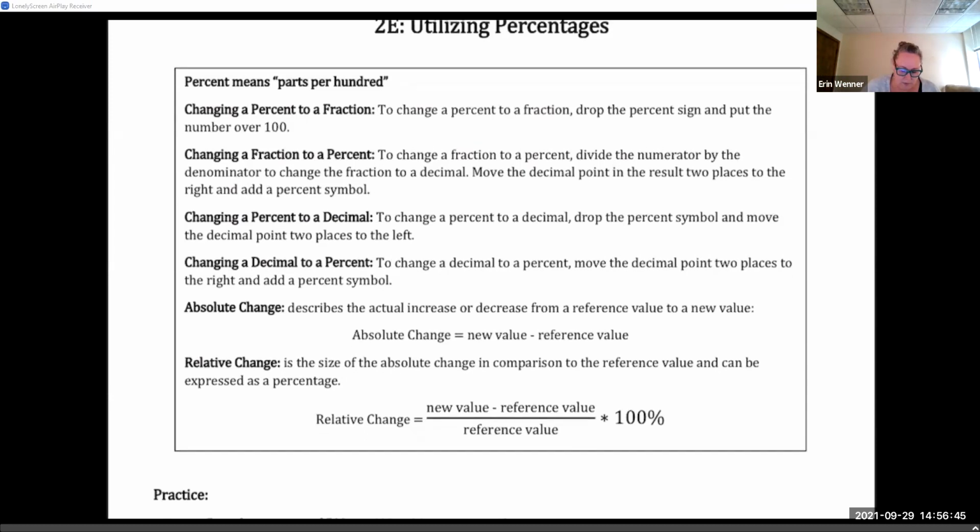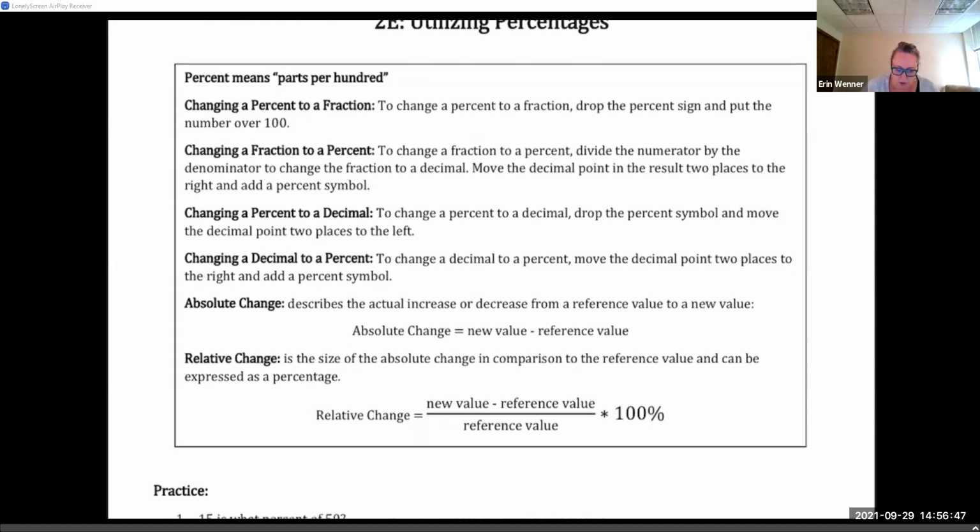If you're going to convert from a fraction to a percent, you first divide the numerator by the denominator to convert that fraction to a decimal, and then you move your decimal 2 times, which is the same as multiplying by 100. The students often forget that's why you're moving your decimal place.